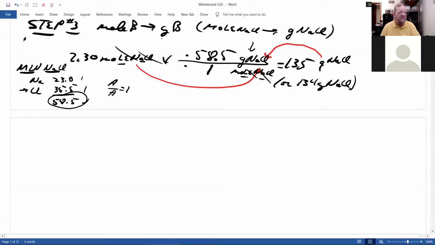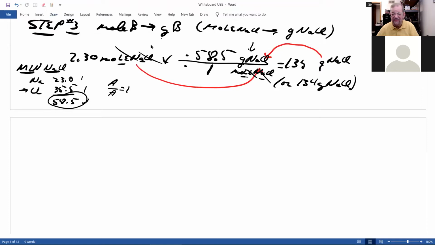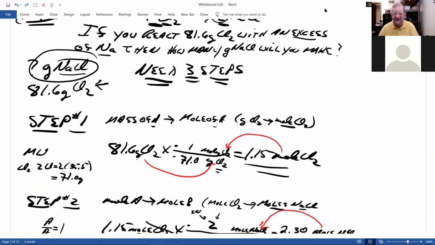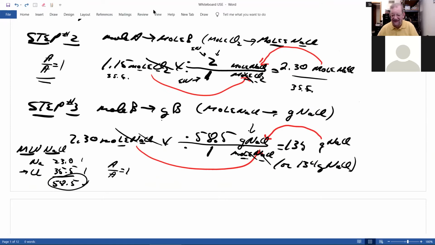And let me just clean up something because that's an awful looking 5. I can do better, and I will. Maybe. There you go. So the answer for this problem is 135 or 134.